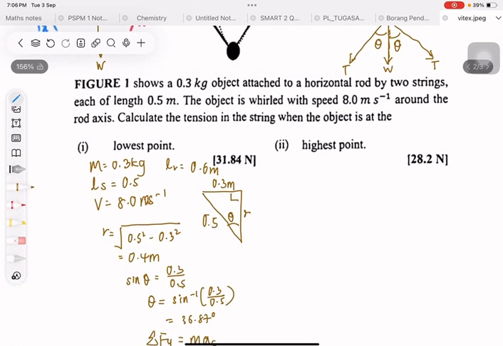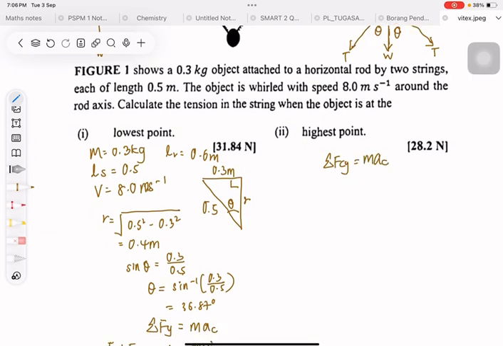We will use the same method: sum of Fy equals mass times centripetal acceleration. So the sum of the forces acting in the y-axis now is weight plus tension equals mass times v squared divided by r. So mg plus T cos 36.87 plus T cos 36.87 equals m v squared over r.